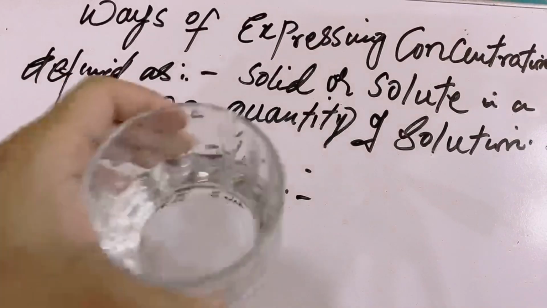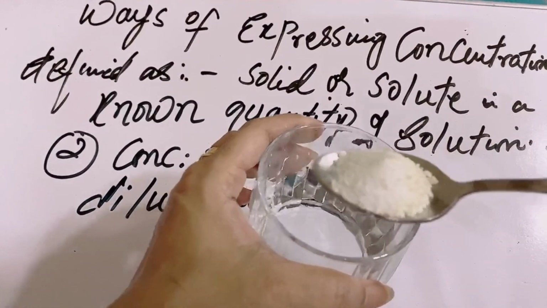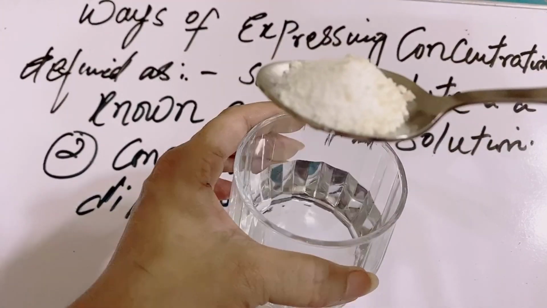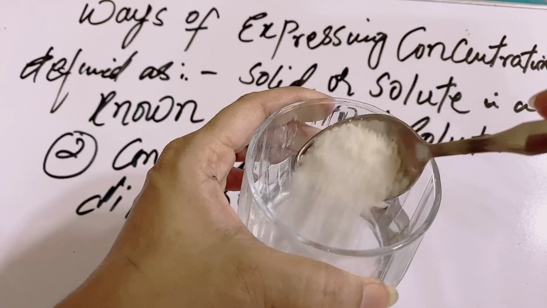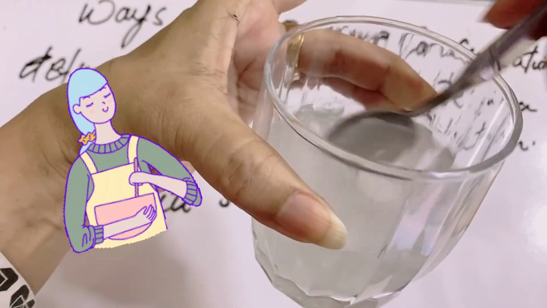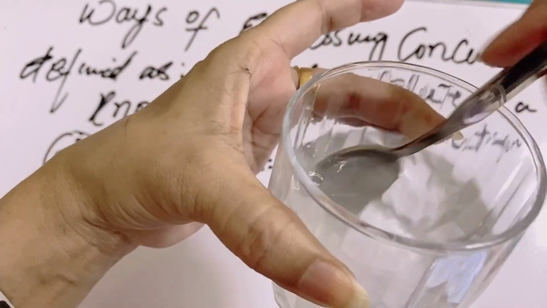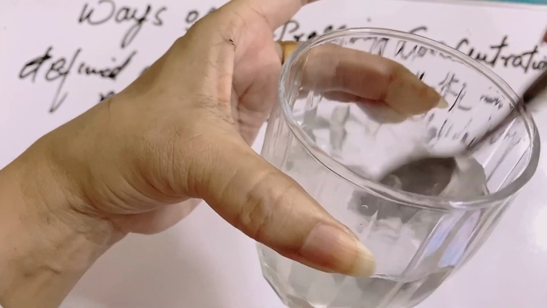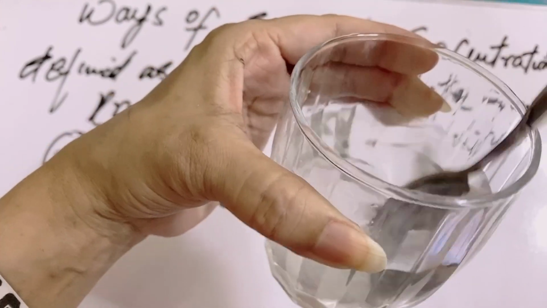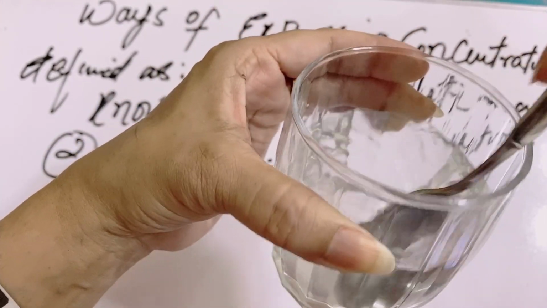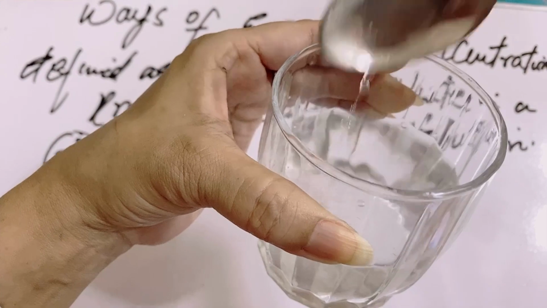So I will fill 1 spoon of that ORS, right? See, 1 spoonful of this ORS, and I'm going to dissolve it inside this solution to make a concentrated solution. I need to dissolve till all the granules get dissolved, right? Wow, it's all dissolved.